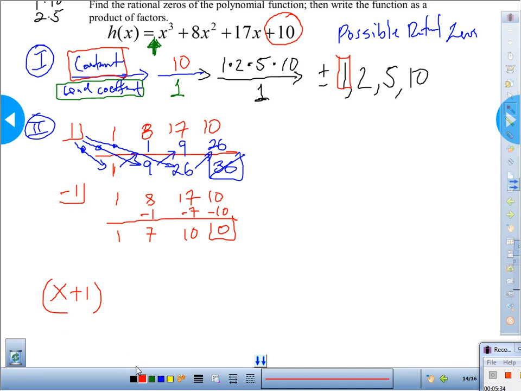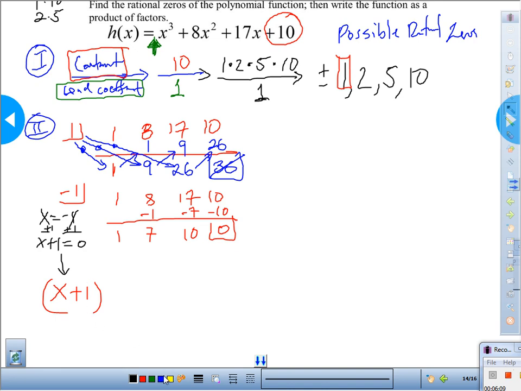I'm going to write x equals negative 1. To work backwards, I'm going to bring this one to the other side, so I'm going to add 1. I end up with x plus 1 equals 0. And what was it before that? It was a factor, so that becomes that. That's where we get this from.